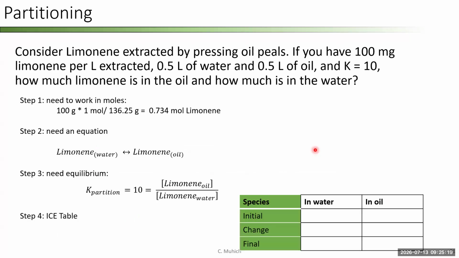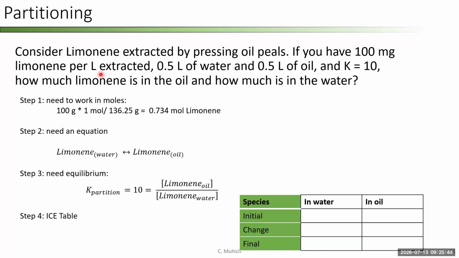We can do the same thing for partitioning. So let's consider another example. Here we're going to consider limonene extracted by pressing oil from peels. Let's say that we had 100 milligrams of limonene per liter of oil that's been extracted.